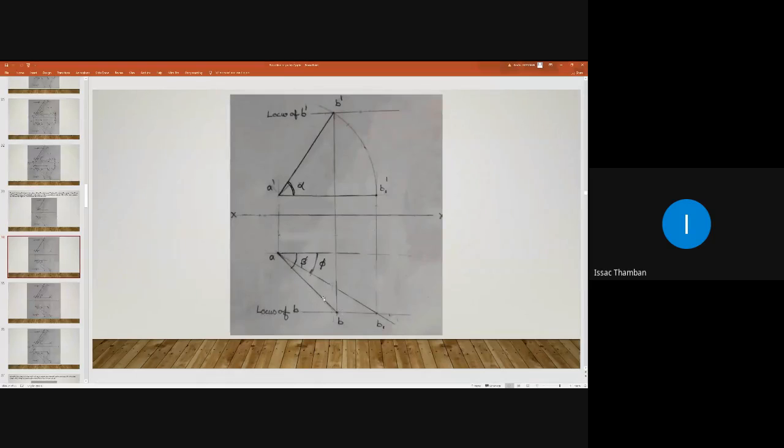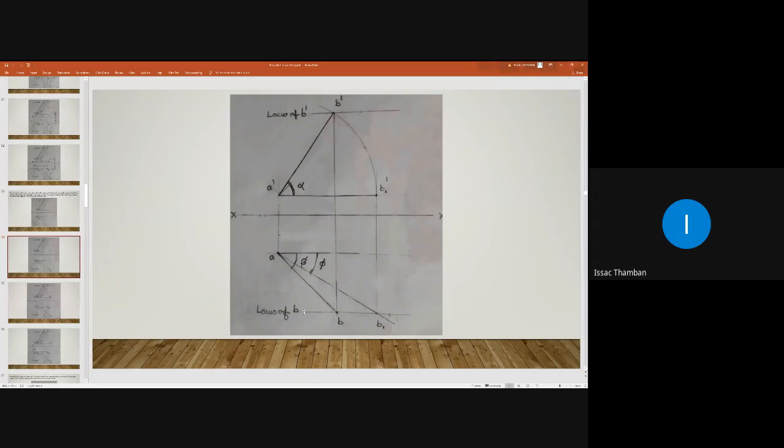Here we have line AB, and in the elevation we are tilting like this. What will happen to point B? Point B will move along the locus plane. This is our locus plane. If you are tilting like this, what will happen to point B? Point B will move along the locus plane.